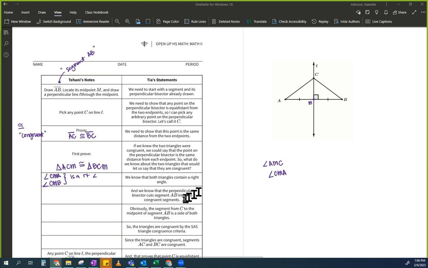Yeah, just which part it says into two congruent segments. Very good. Someone said, hey, Ms. Johnson, is it AM congruent to BM? Right? AM is congruent to BM. Yeah, AC is congruent to BC. That's what we're trying to prove.